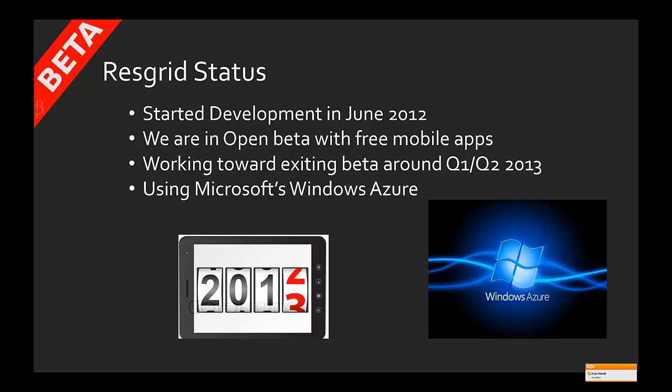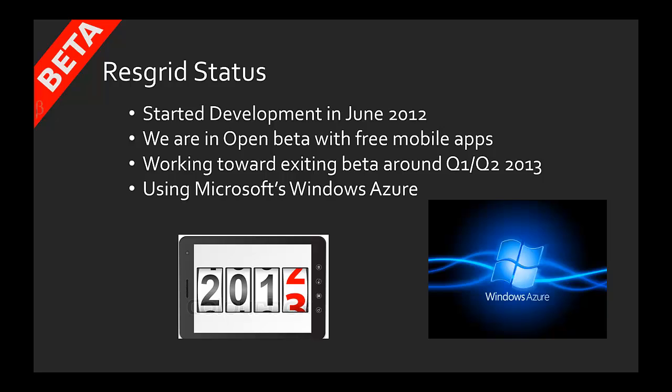We are working to exit beta sometime in Q1, Q2 2013. Nothing set in stone, but we will always have free plans. We will always have free apps, and we will be working with all the first responder organizations to make sure that we're meeting their needs, and the system will always be there for them.